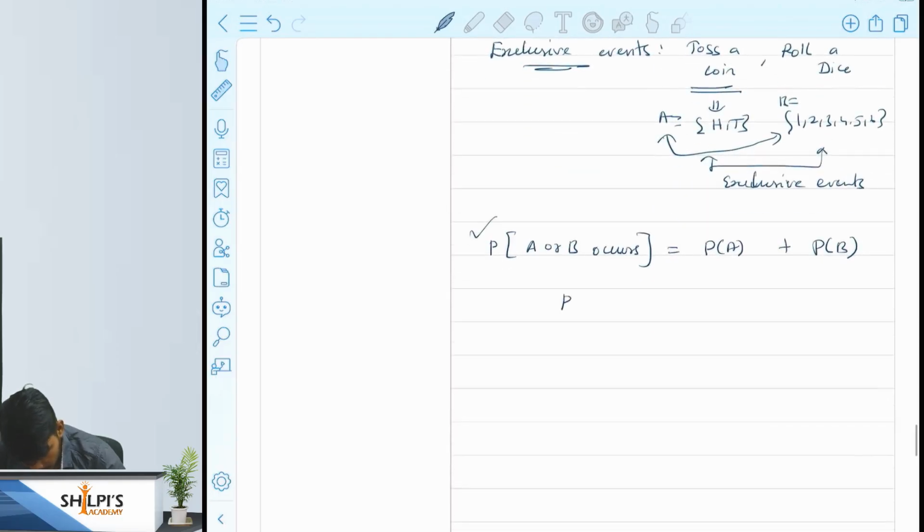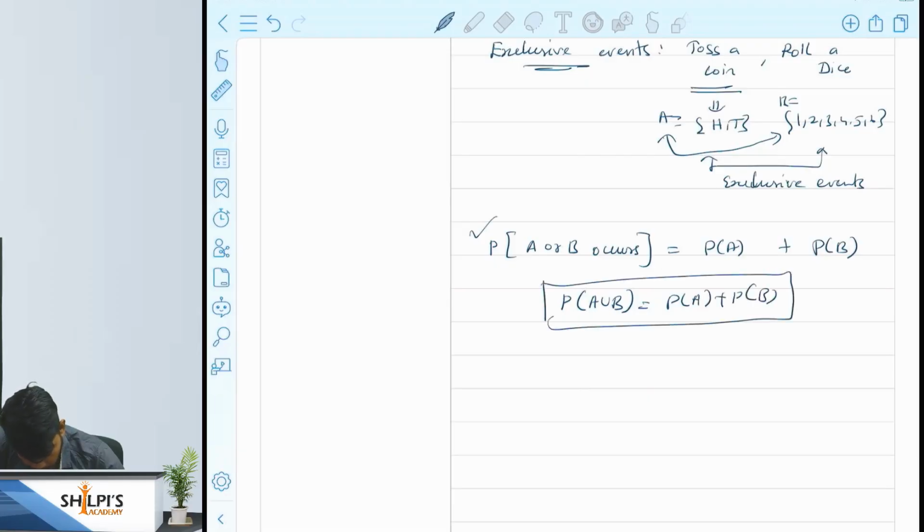We can write it as P of A union B, which will be equal to P of A plus P of B, and this is the addition theorem formula.